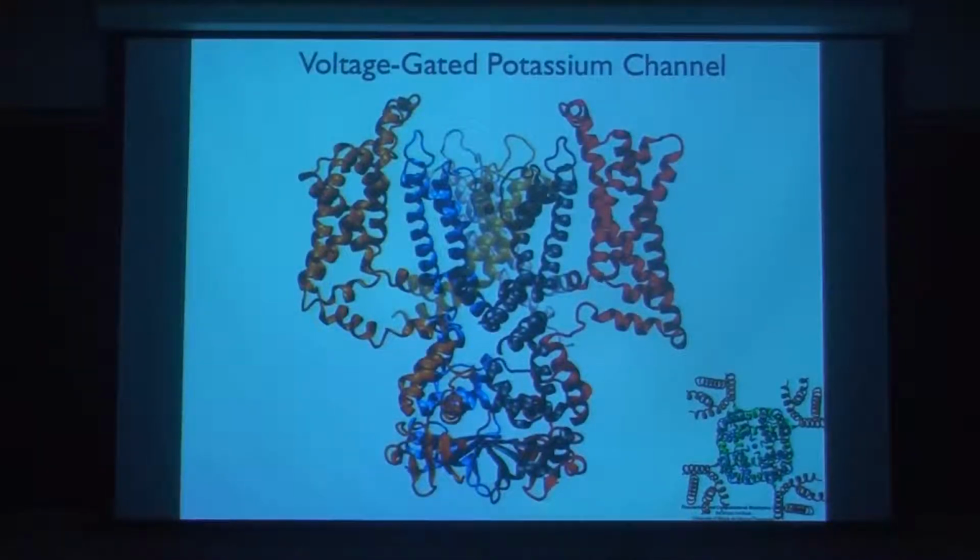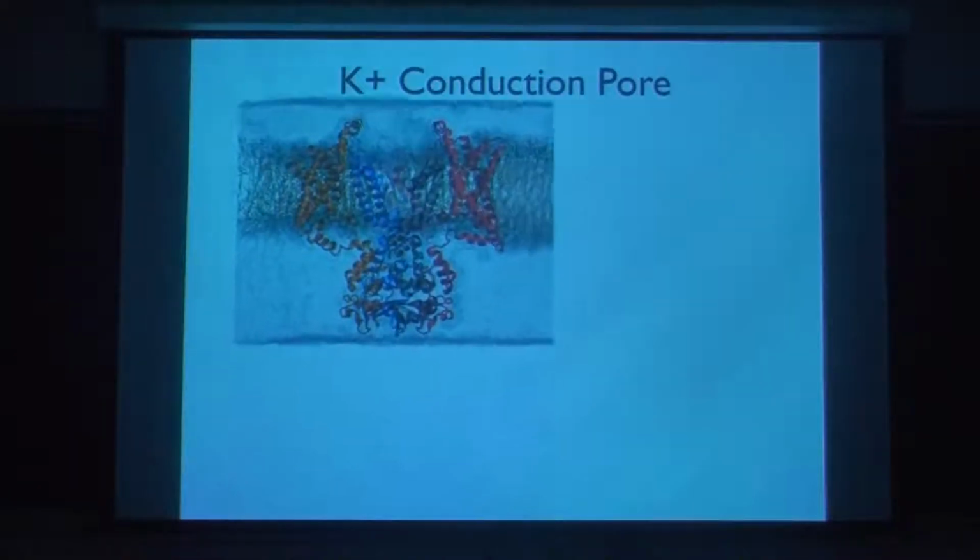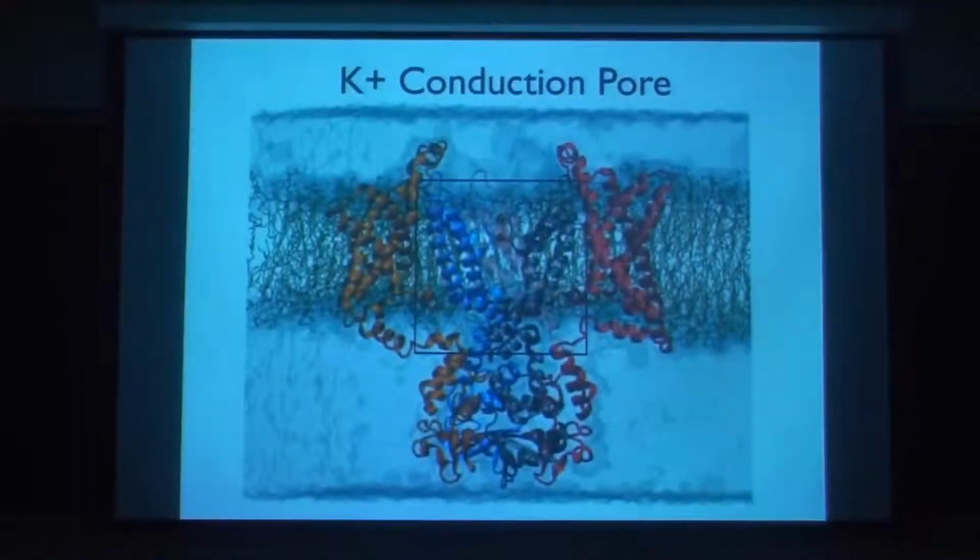So if we now look a little bit closer at the channel, then we see in the middle the passive channel. And you see here two ions, two potassium ions, that sit there conducting through the channel. Sometimes you have two, sometimes you have three, rarely you have one.